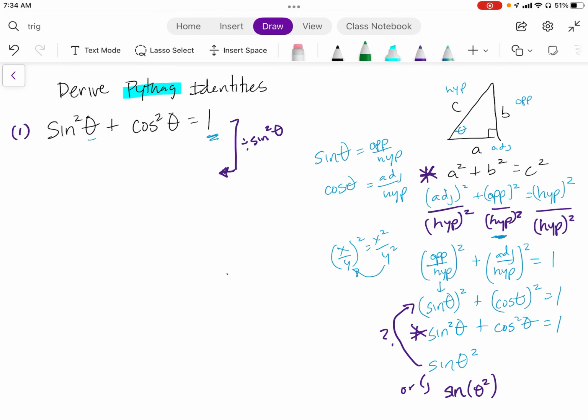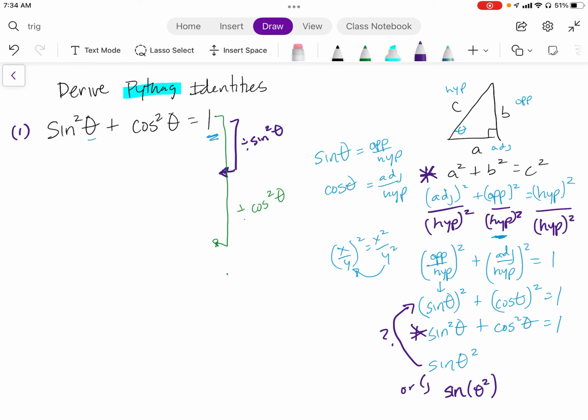To get the other one, you're going to take everything and divide by cosine squared theta. So why would you do that? Because if you look at the forms, you'll see they both have a 1 on the left-hand side. In order to get 1, divide by whatever you need to. Let me erase that green because it actually was going purple.